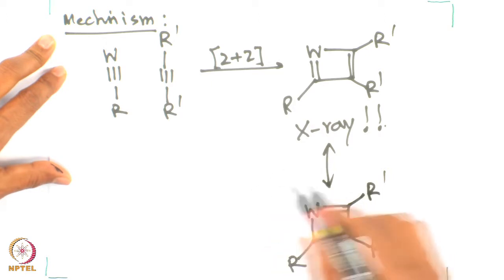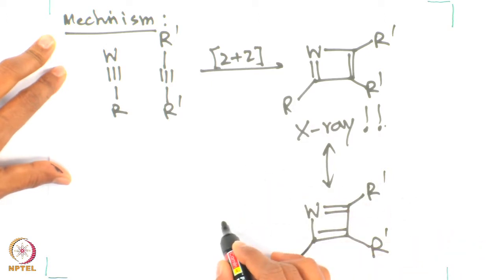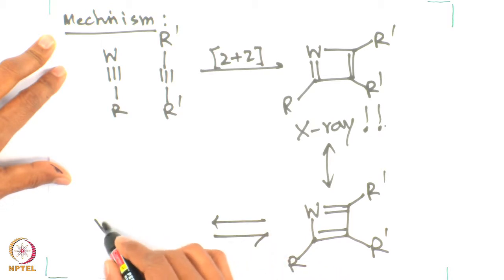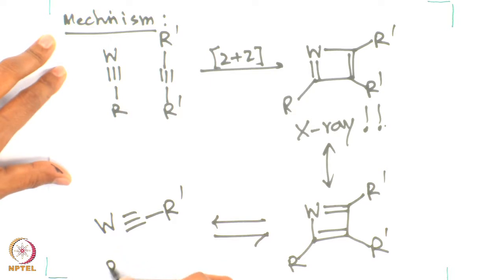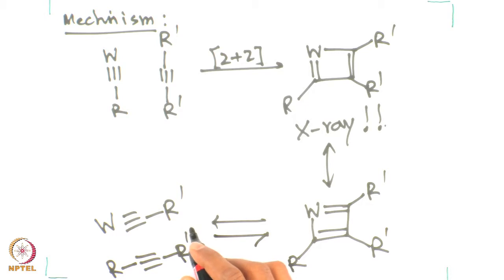So, these are resonance structures, and subsequently if one undergoes retro 2+2, we can get the tungsten with another alkylidyne moiety, and this is really interesting at this point, because overall we get this new tungsten alkylidyne intermediate.